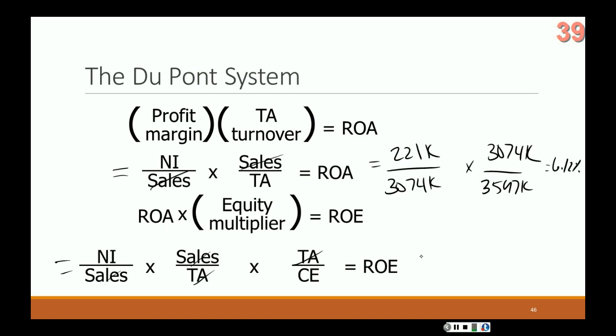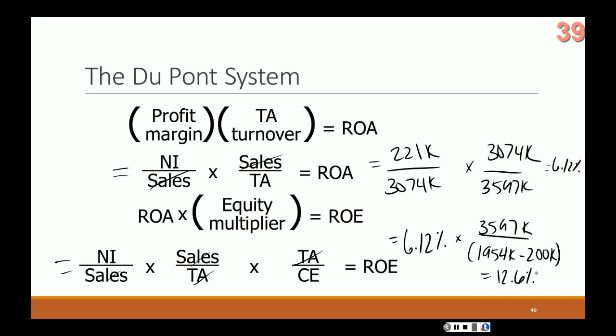So you take your ROA, your 6.12%, times your equity multiplier, 3,597 total assets divided by your common shareholders' equity. Remember that's the 1,954 minus the preferred shareholders, and that would give you 12.6%.